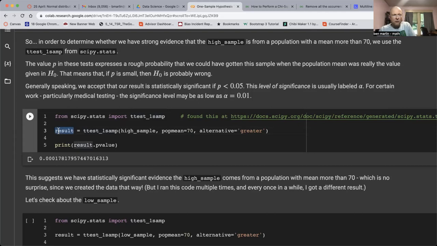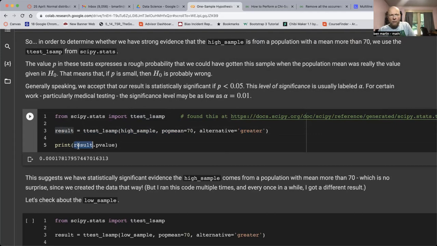So here I say my result is going to be a t-test, one sample. I feed it that sample that we made in the previous cell. And I tell it the population mean that I'm testing against is going to be 70. And the alternative is I want to see if this is greater. Okay. And so it will do whatever magic it does and put the result here under result.